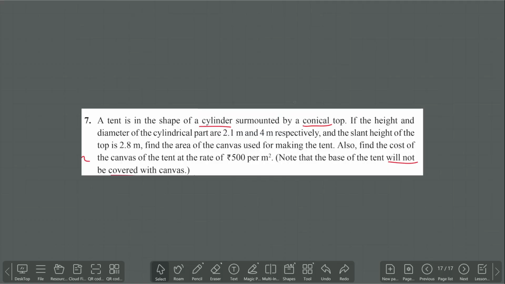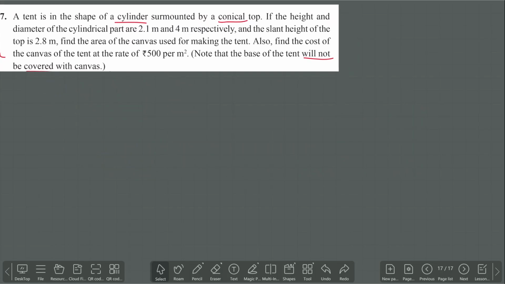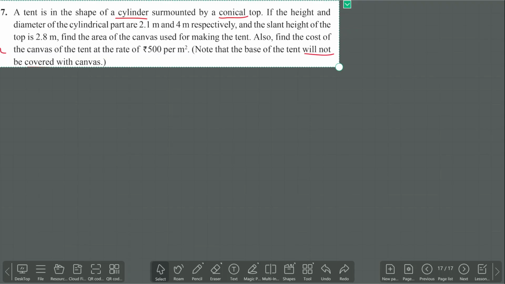The tent sum. A tent is in the shape of a cylinder surmounted by a conical top.